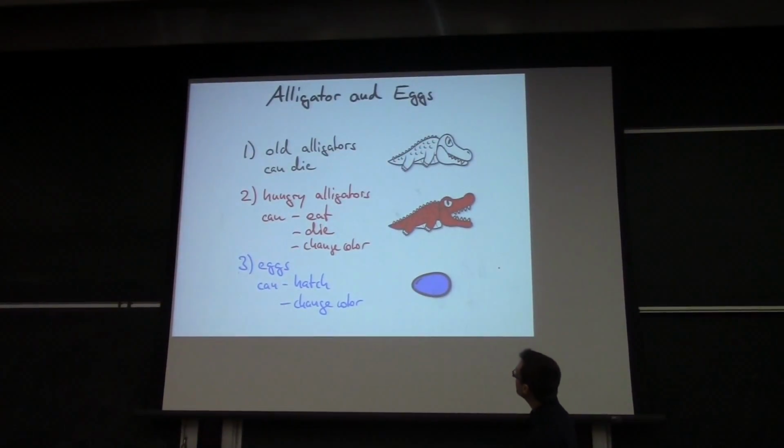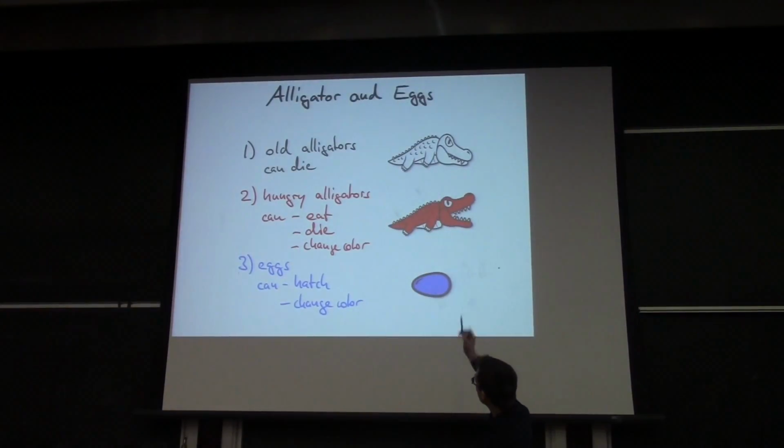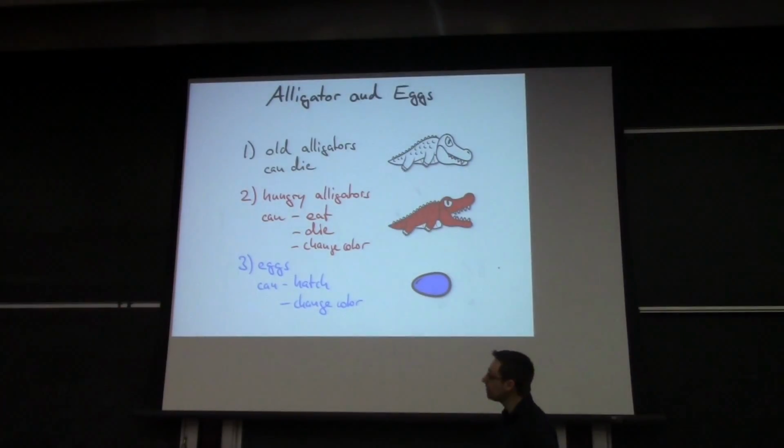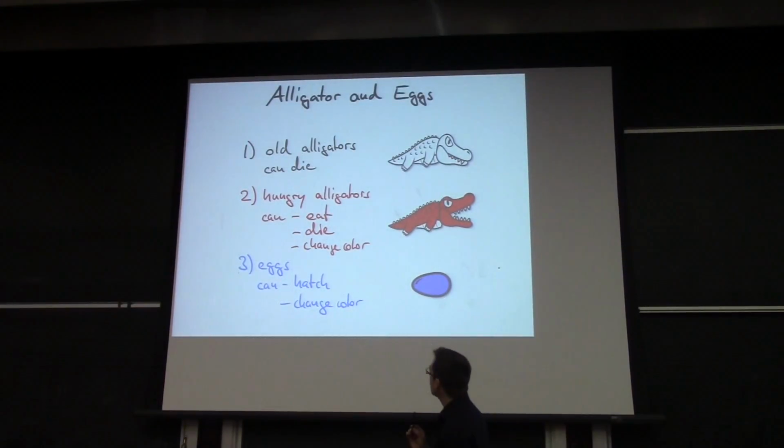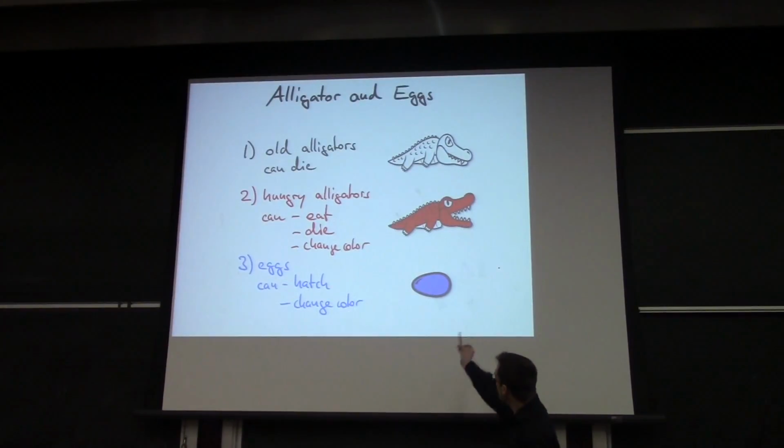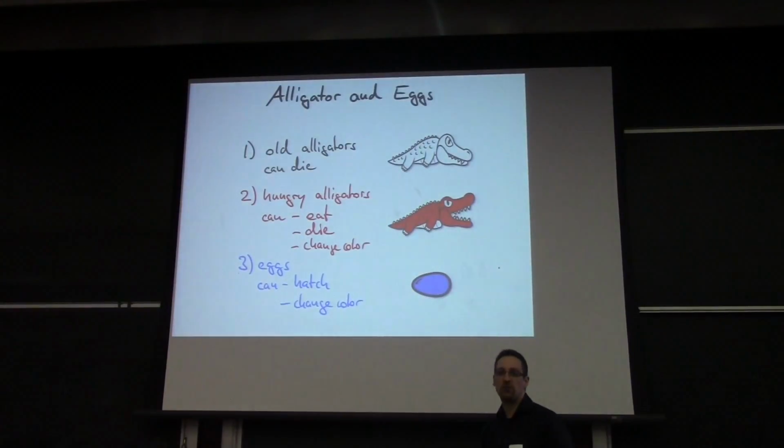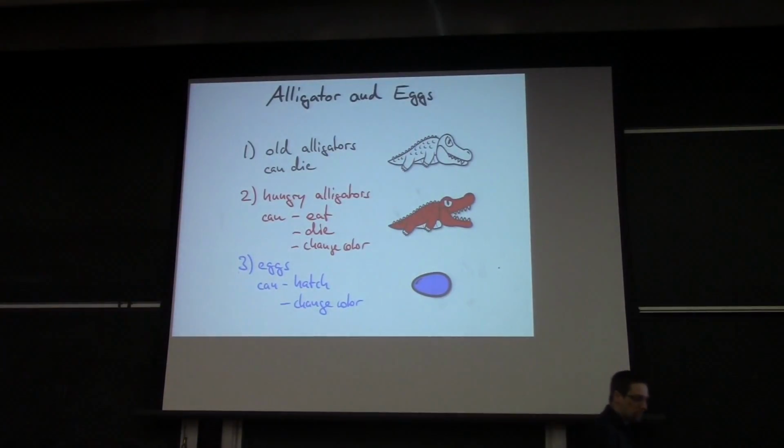Nothing else. Then we have these red alligators, which are called hungry alligators. They can do more than the old alligators. They can eat, they can die, and they can also change color. That's what hungry alligators can do. And finally, we have these eggs, and eggs can hatch, and they can also change color. Essentially these are the building blocks for our programs.